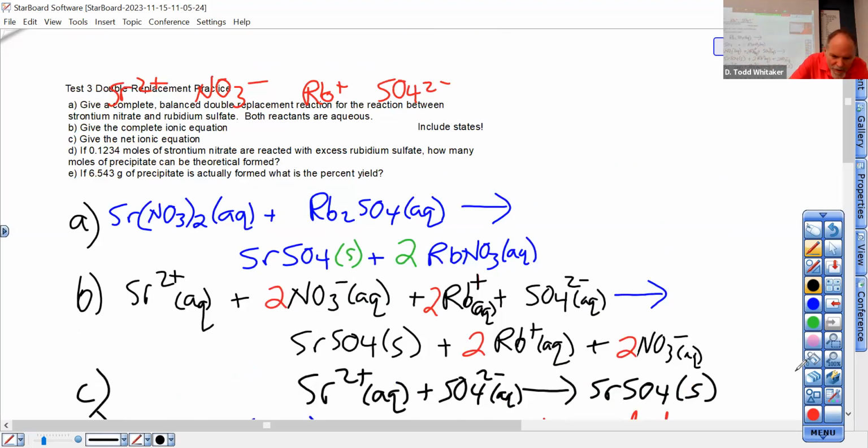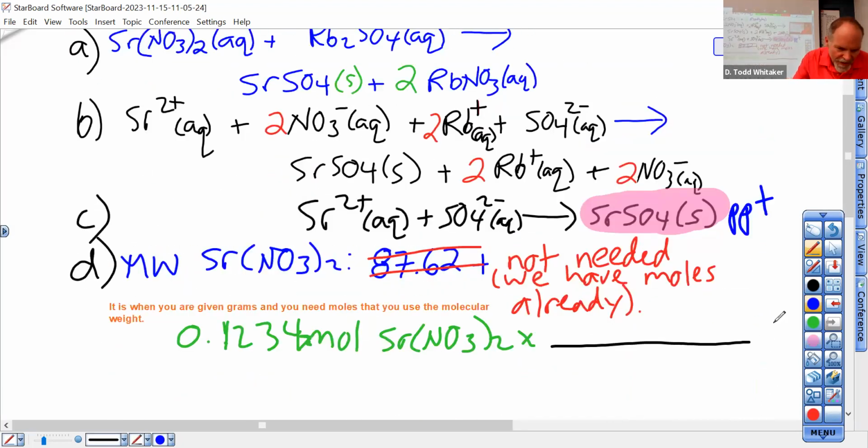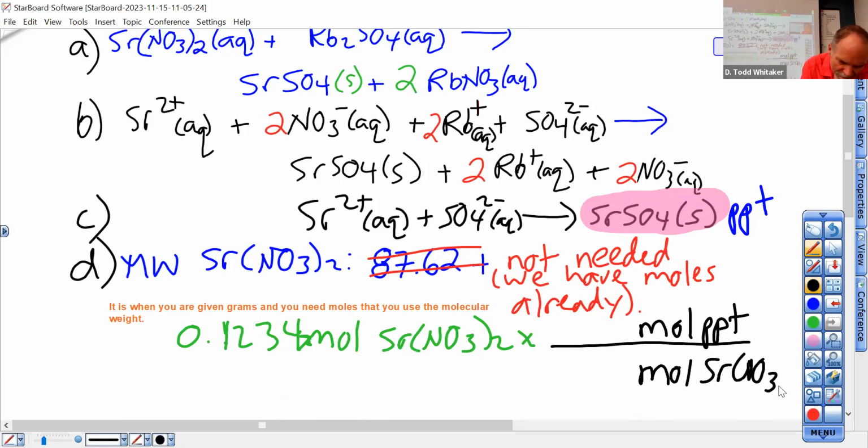We have to go to the precipitate, which is this. And then Jacob, just a reminder, PPT, right? Okay. So I need the relationship between moles PPT and moles of SrNO3. We got to get rid of SrNO3 twice.